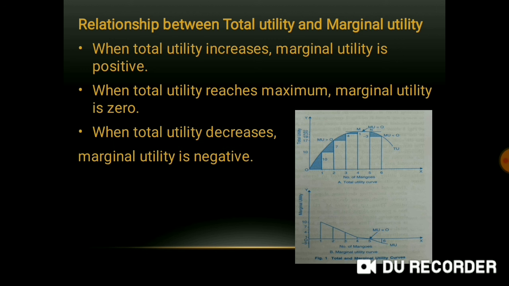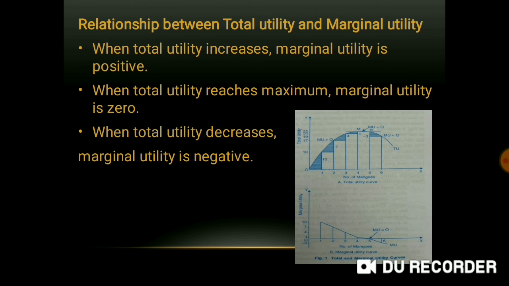So look at the diagram. Look at the first panel, whenever the total utility rises from 0 to 22, that is till point M, at that phase, look at the second panel, the marginal utility curve is always positive. That is, it is above the x-axis.